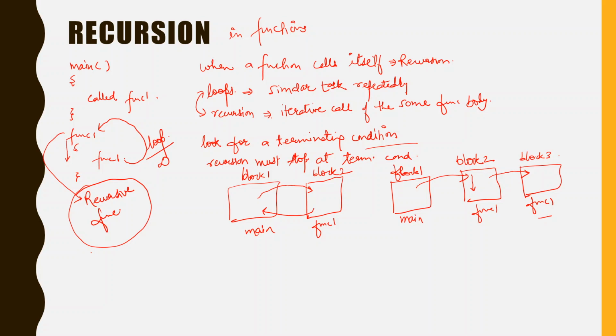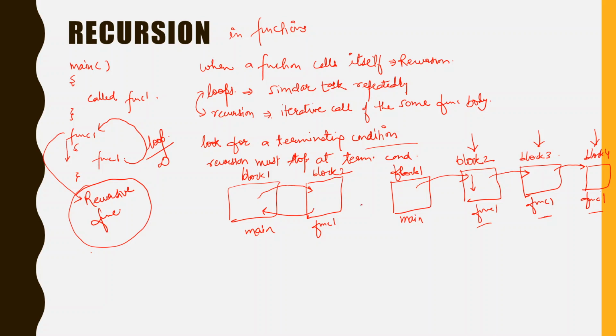And if the terminating condition is not reached in this particular call, it again leads to another block, block 4, which would have the same statements and data used by function 1, and this is the recursive call to function 1. So you can see that the same code of function 1 is used, but each copy of code has a physical existence.